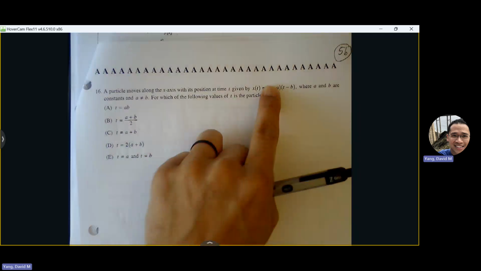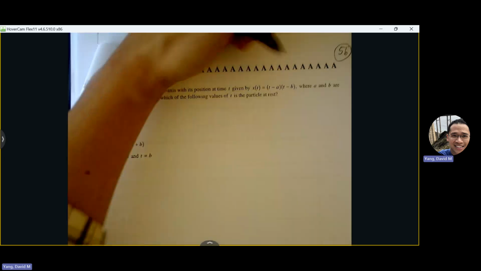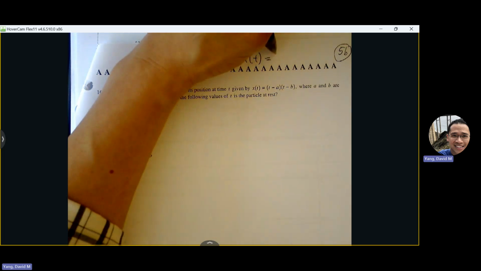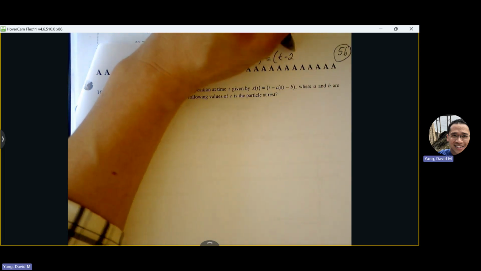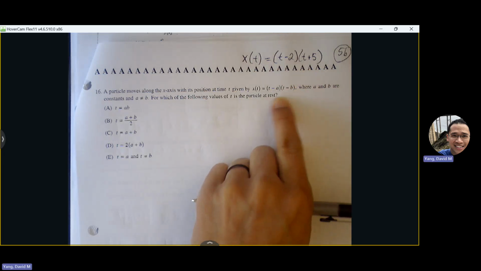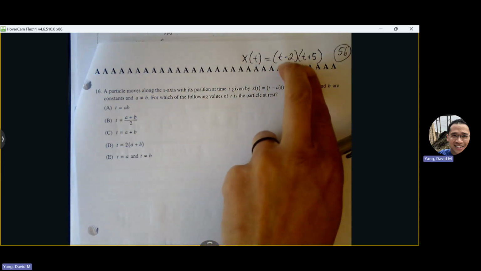So I know sometimes when we see constants, it kind of throws us off because we don't know what to do with it. But just treat this like it was x is equal to (t minus 2) times (t plus 5), right? If I asked you to find when the particle is at rest, you would find the velocity. You would clean everything up.